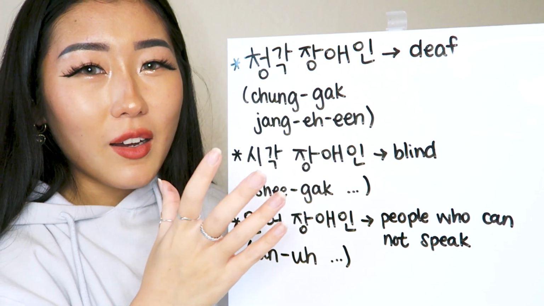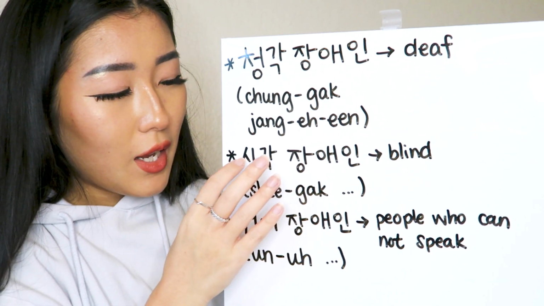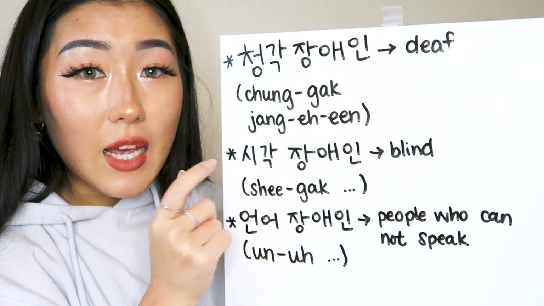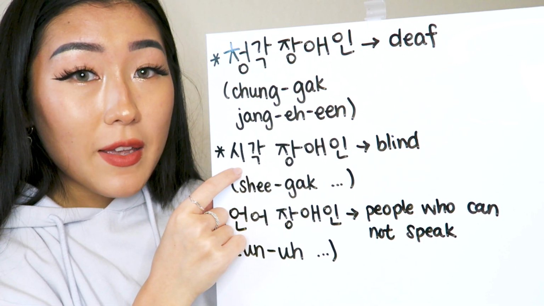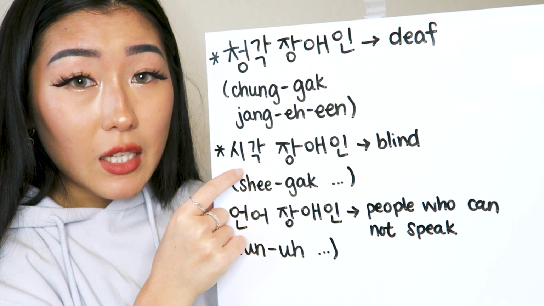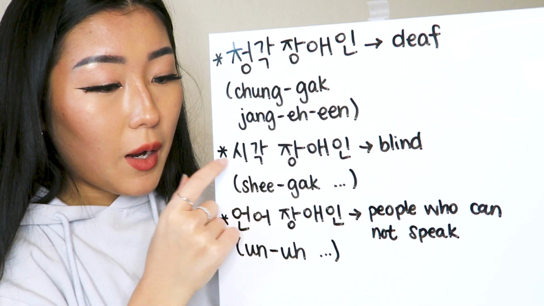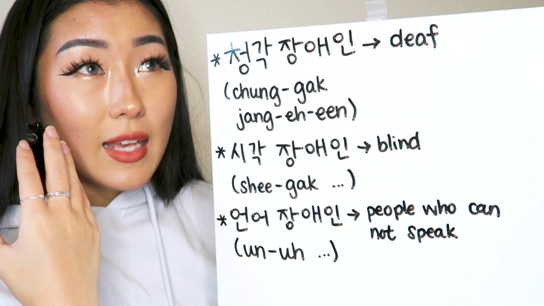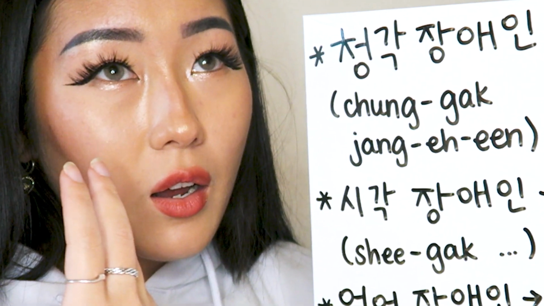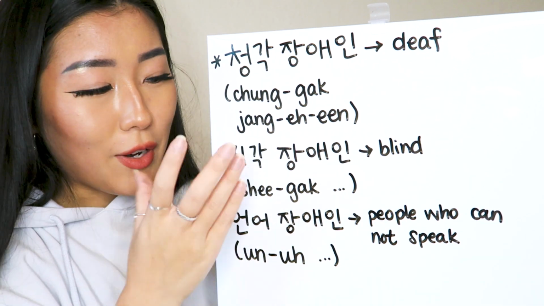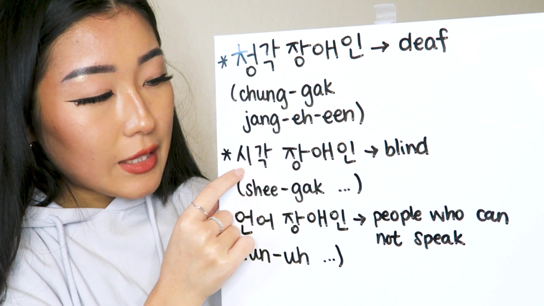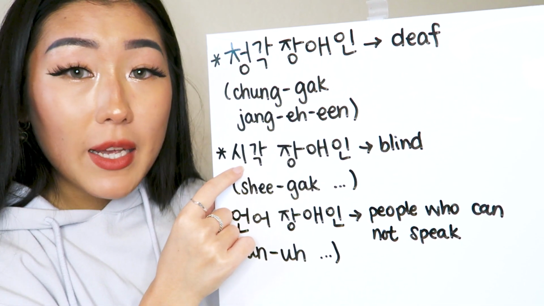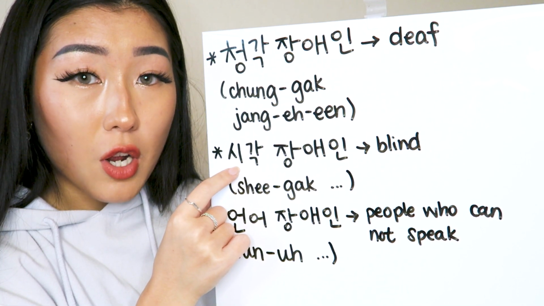To put a long story short, this specific 시 in ancient Chinese writing, this specific hanja of 시 is pertaining to the eyes. So for example, you would say 시야, or that's the only one I can think of right now. But 시각 장애인, just by saying 시 at the beginning, you're going to know that it has something to do with the eyes.